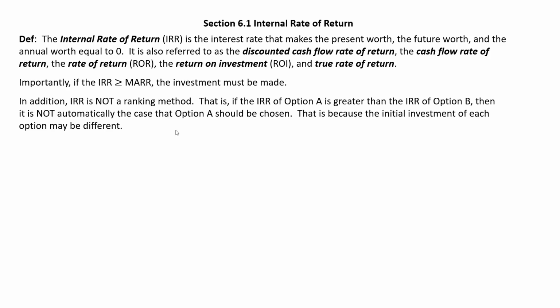Suppose your friend comes to you and says, if you give me $1,000, I tell you what, in a year from now, I'll give you $1,200 back. And you quickly calculate, so 1,000 gives me 1,200, so that is 20% interest.